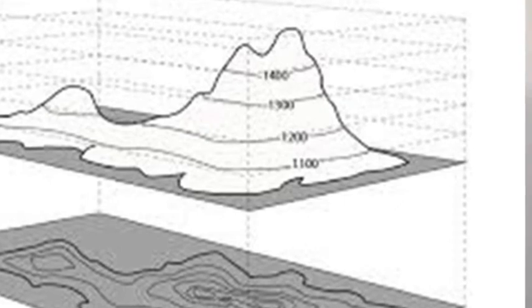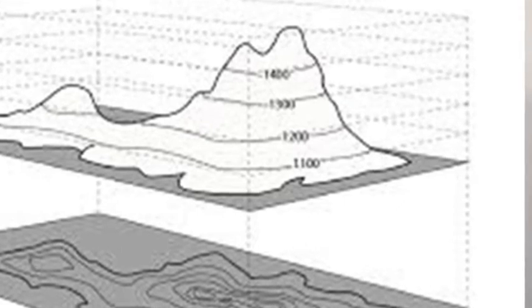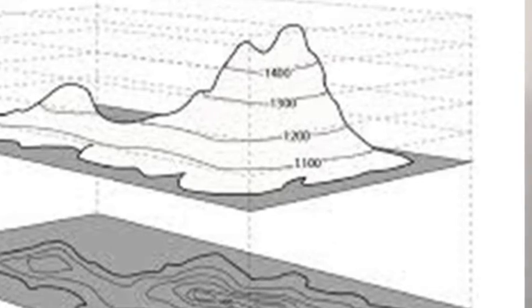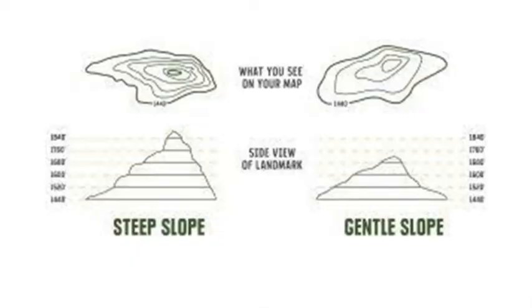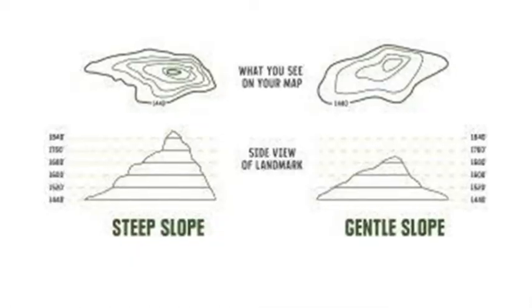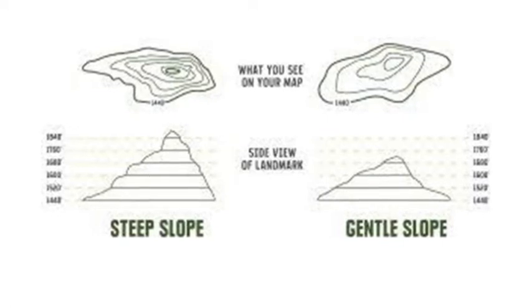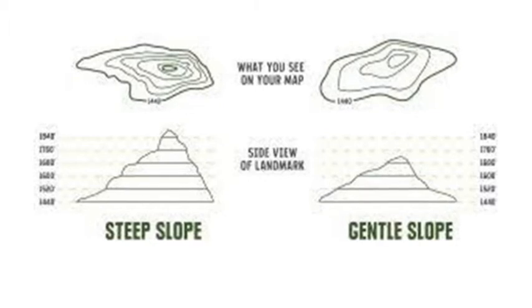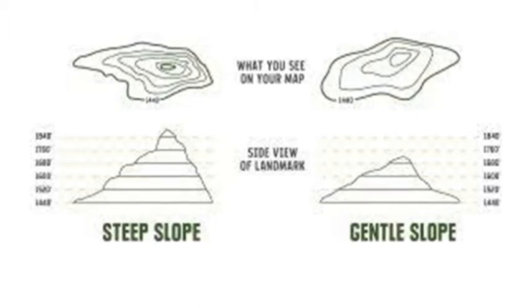So underneath you can see a map. That map shows the contour lines. So here in this picture, what you see on the top is the physical map of that place, and those lines are represented below.